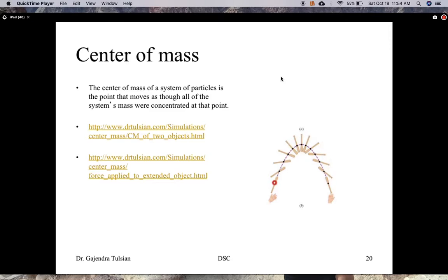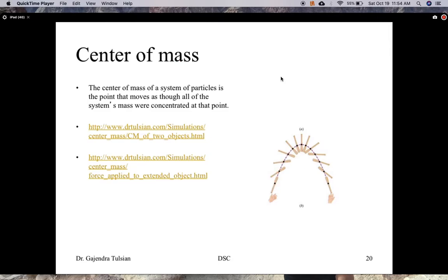There's only one point that goes on a parabolic trajectory, and that point is called the center of mass. If you effectively squeeze the entire bat into a point, that's the point you want to squeeze it at. So that's the center of mass, and now we'll learn how to find the center of mass of objects.